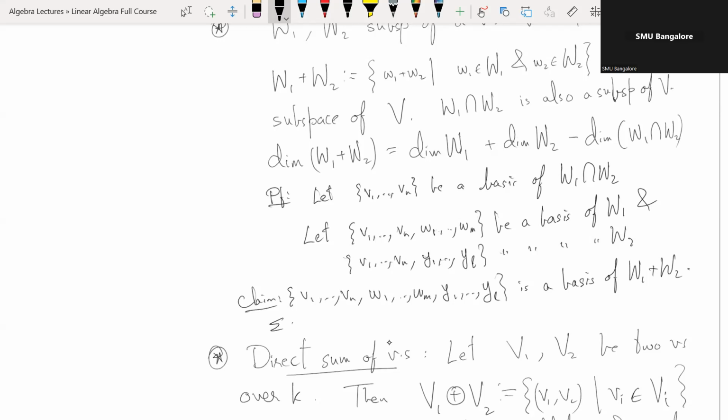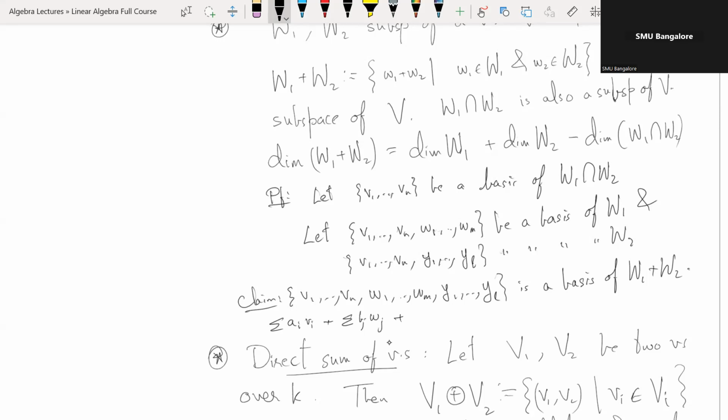Let's say summation ai Vi plus summation bj Wj and plus summation cp Yp, p equals 1 to l. We only have to check that it is linearly independent. I should have maybe left a little more space, but maybe this is enough.